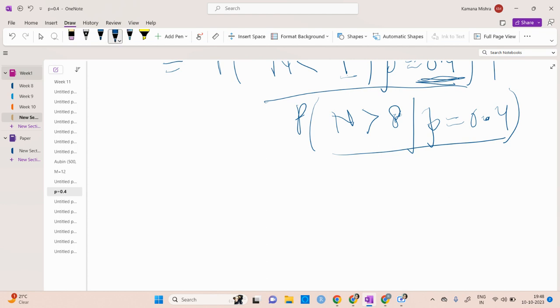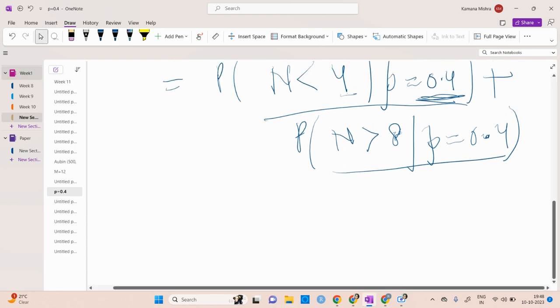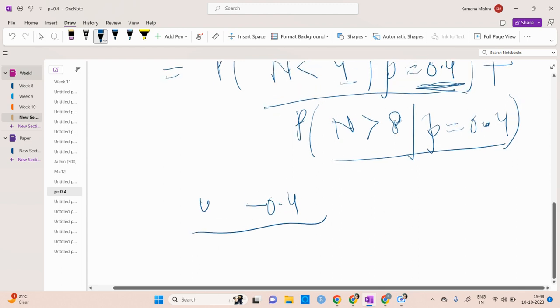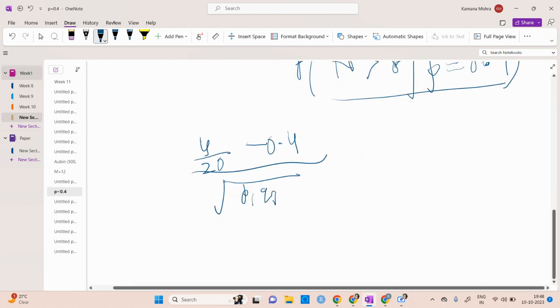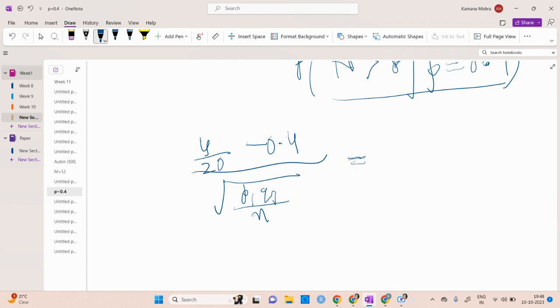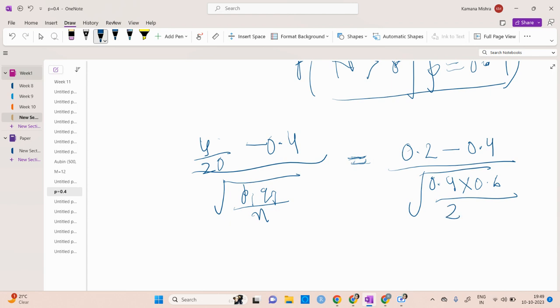let's just find what this is. So it is 0.2 minus 0.4, divided by the square root of p1 is 0.4, q is 0.6, and n is 20, right?